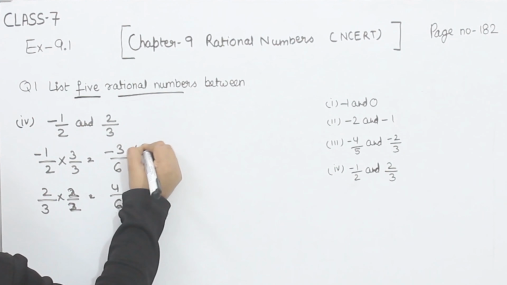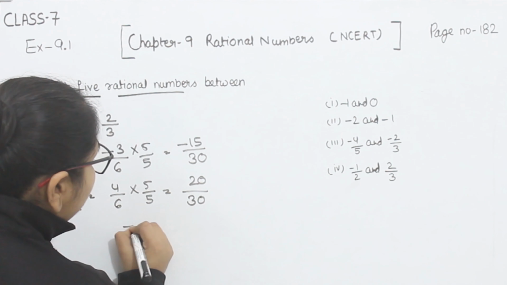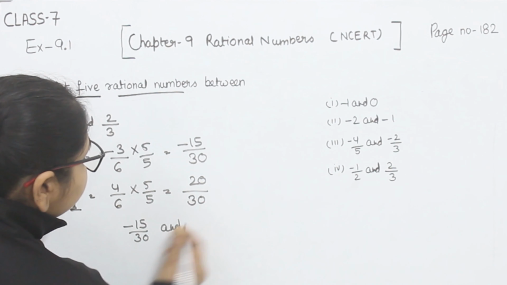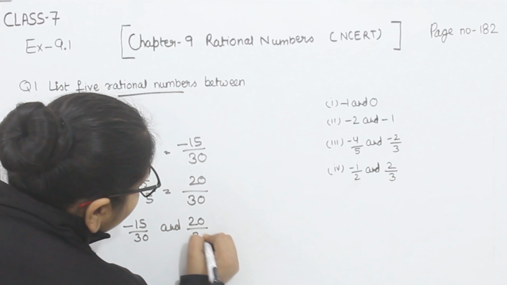Now we need 5 numbers, so we are going to multiply them by 5. So 5 threes are 15 and 6 fives are 30. 5 fours are 20 and 5 sixes are 30. So now we can write 5 numbers between -15 by 30 and 20 by 30.